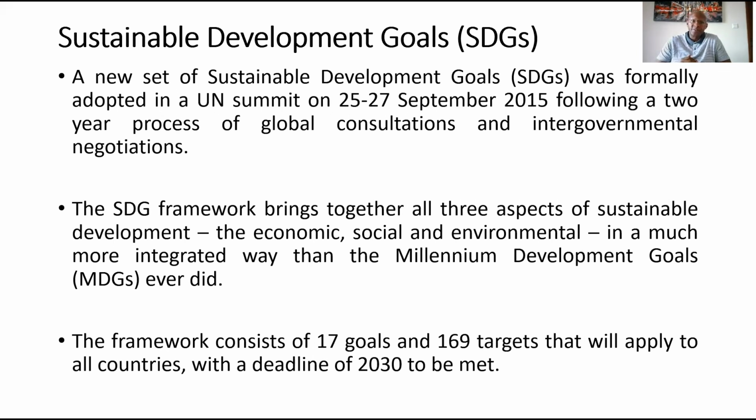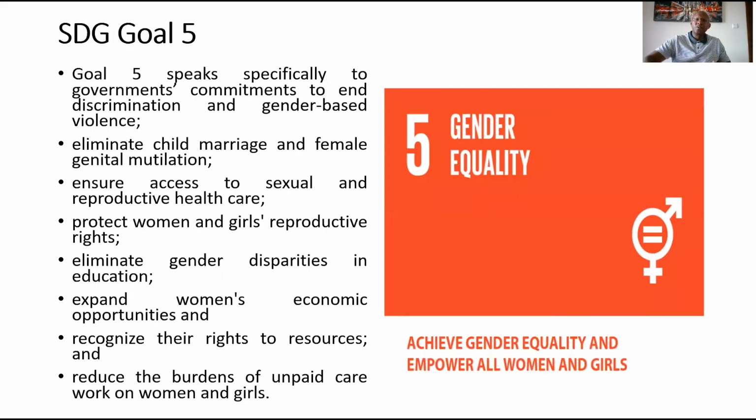Now, the SDG framework brings together all three aspects of sustainable development: economic, social, and environmental, into one, in a much more integrated way than what was done under the MDGs. The framework now has 17 goals, 169 targets, and it applies to all countries across the world with a deadline to be met in 2030.